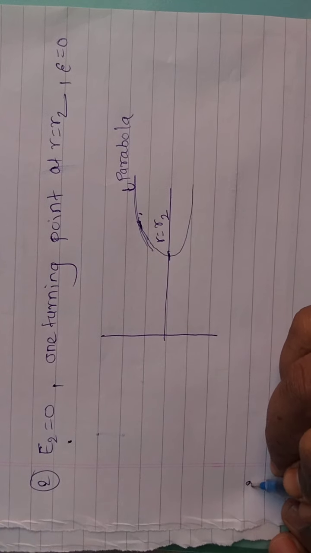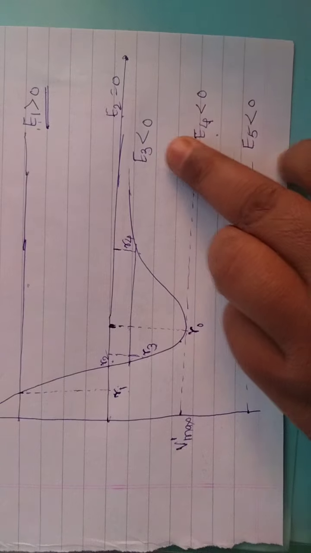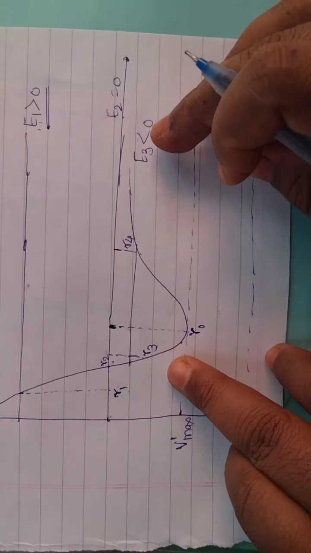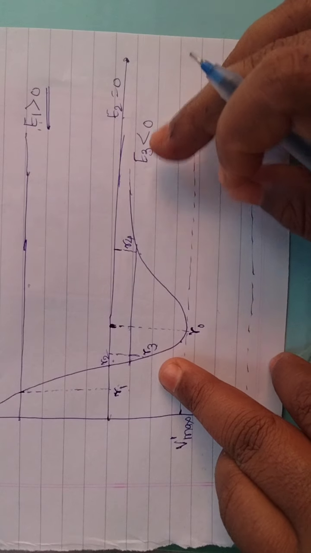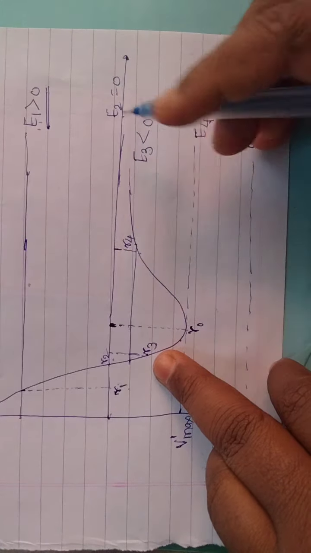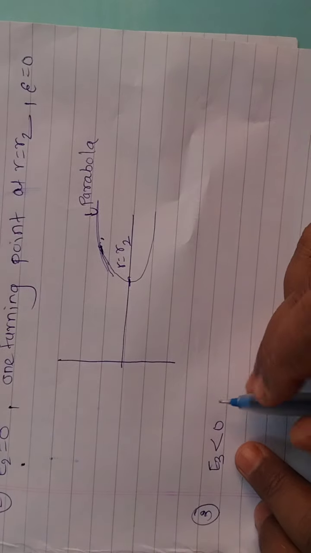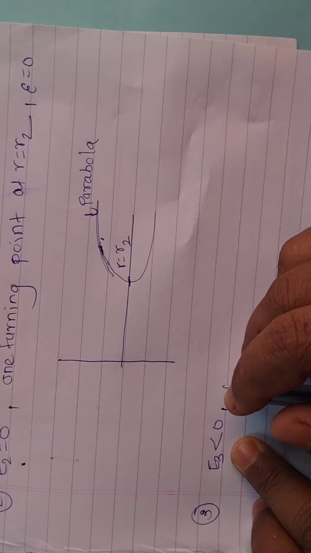Now we consider case number 3. E3 is less than 0. Here the turning points for E3 are r3 and r4. There are two turning points for E3. Let us see here.